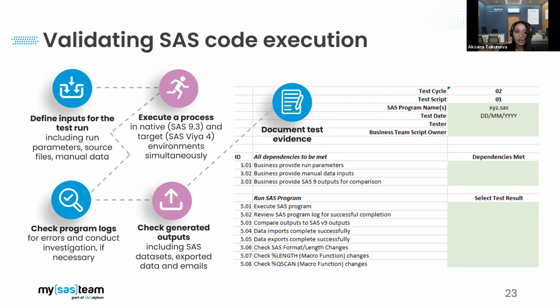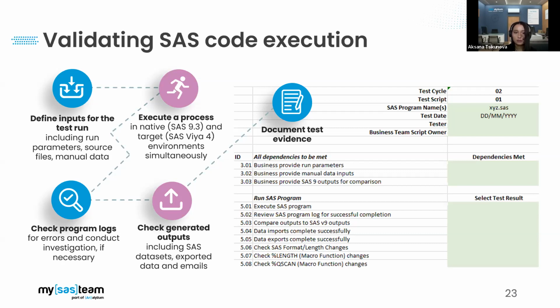The reason we do this simultaneously is that the databases and the data sets within them can be updated in live mode. If we don't do it simultaneously, we can get different test results. And of course, we can't do the validation physically.